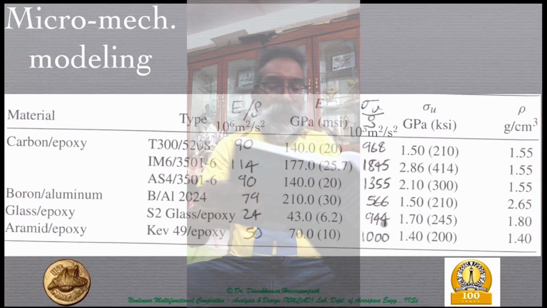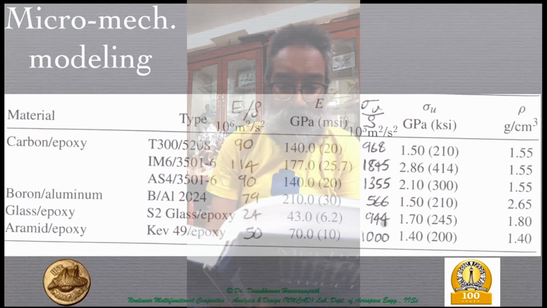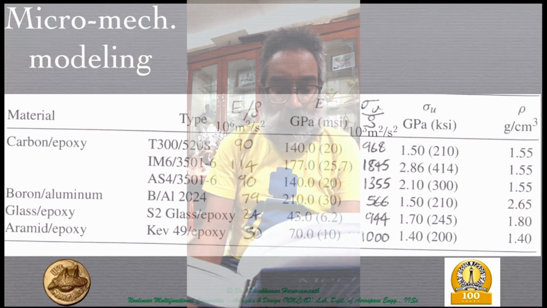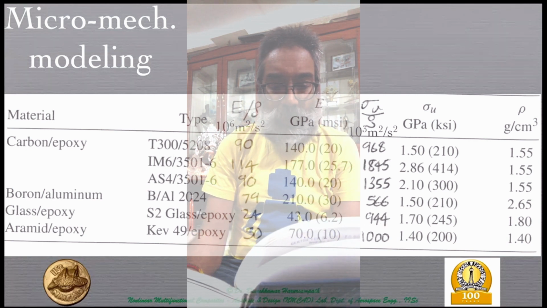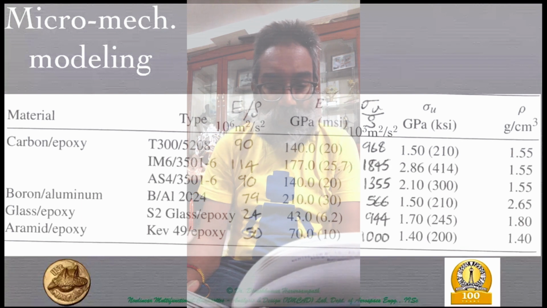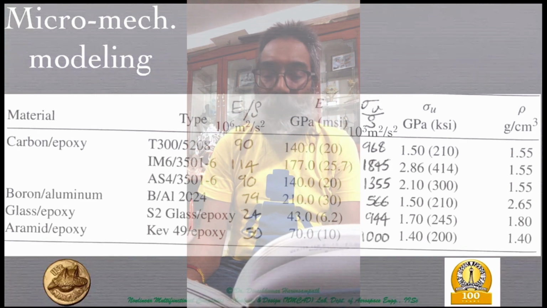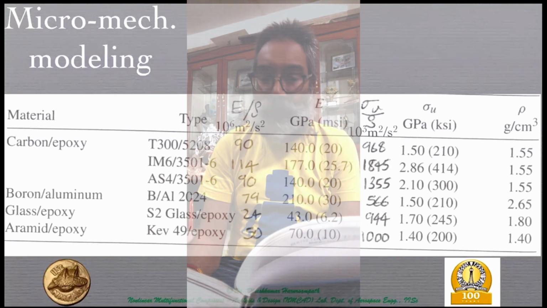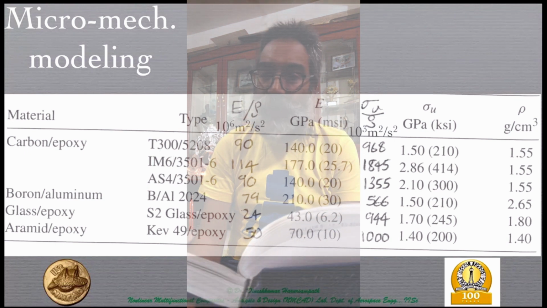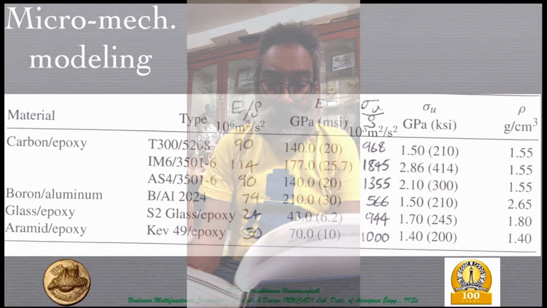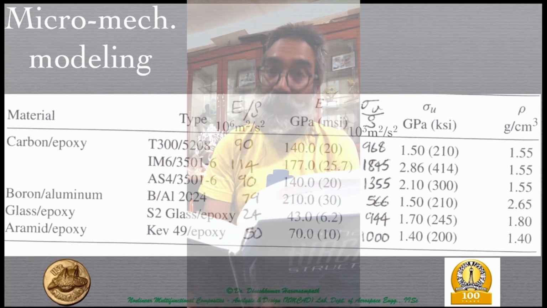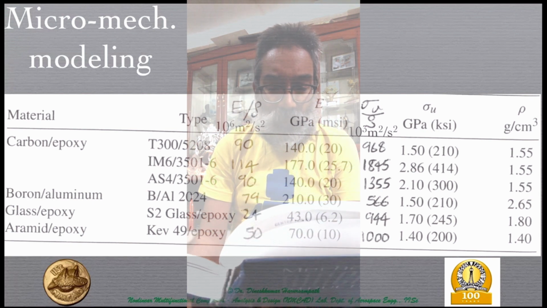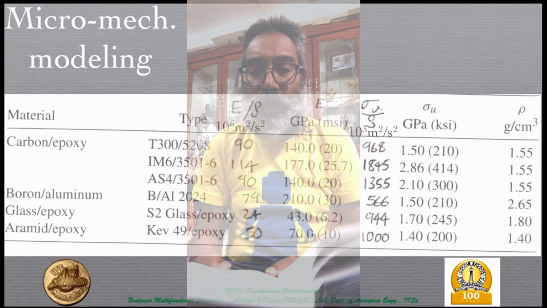Now let's again compare with the typical metallic alloys that you have. The sigma U by rho is in the range of 162 to 194 for aluminium, that is 2024 and 7075. And then for titanium, it is 207, slightly better, and steel becomes even better, even in a specific strength based design, at 229 to 238.